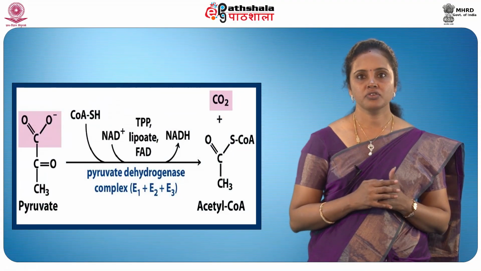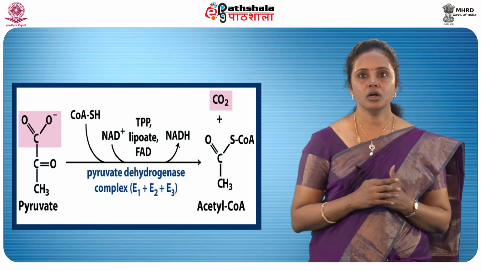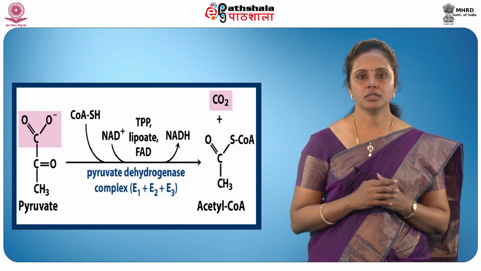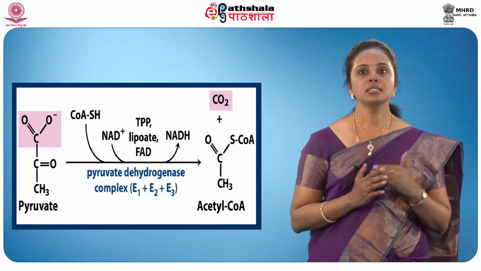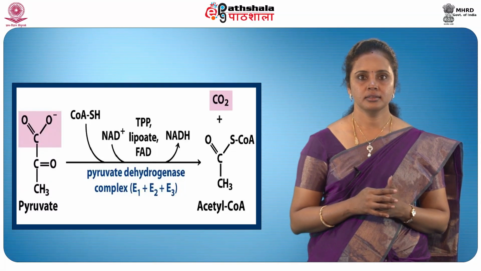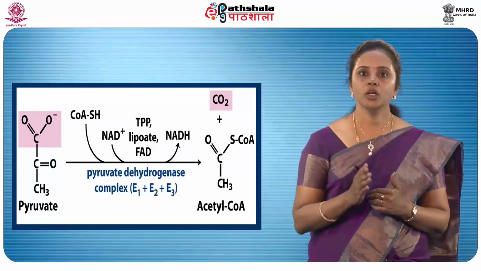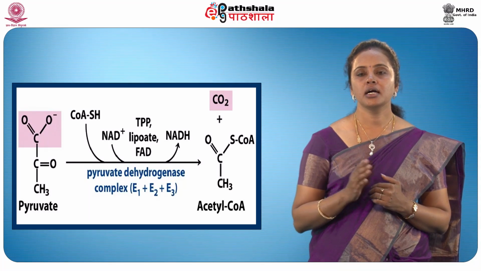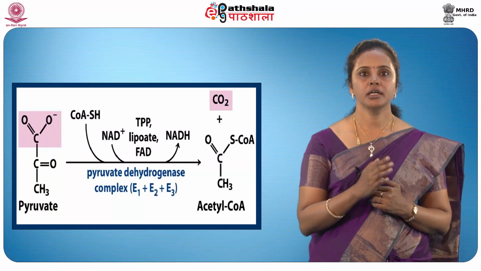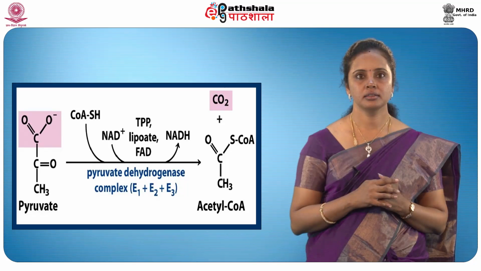This preparation of citric acid cycle is called pyruvate oxidation. The reaction links glycolysis to citric acid cycle, and the enzyme pyruvate dehydrogenase catalyzes oxidative decarboxylation of pyruvate to form acetyl-CoA.